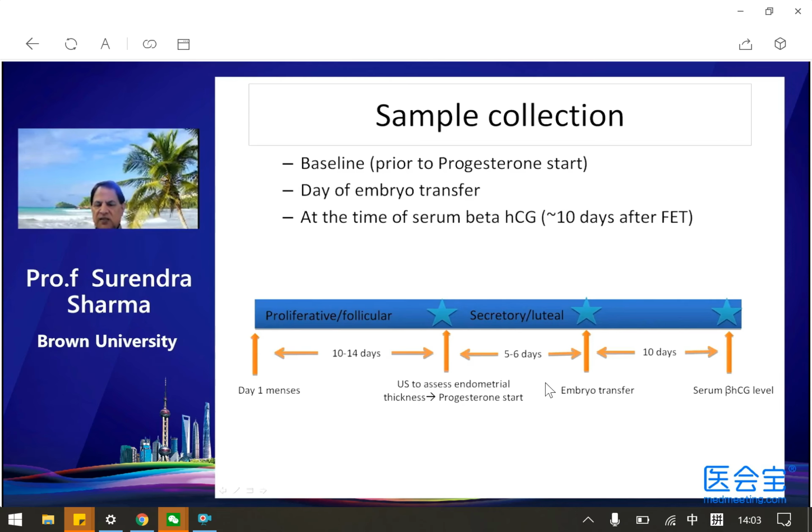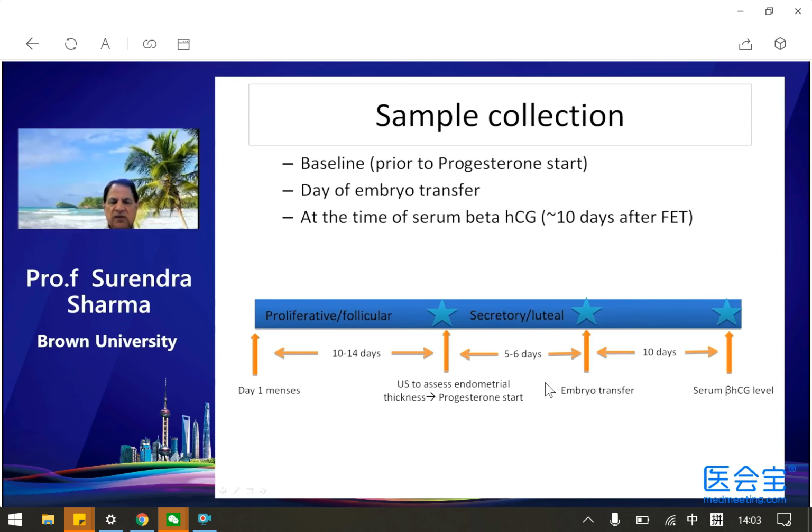After that, at the end of progesterone treatment, embryo transfer is performed, and then we wait for another sample to detect serum beta HCG to see whether pregnancy has taken place or not. So these are the time points at which we collected samples.